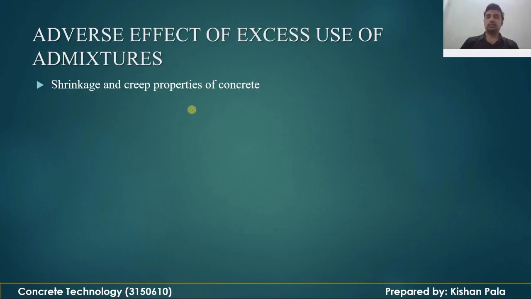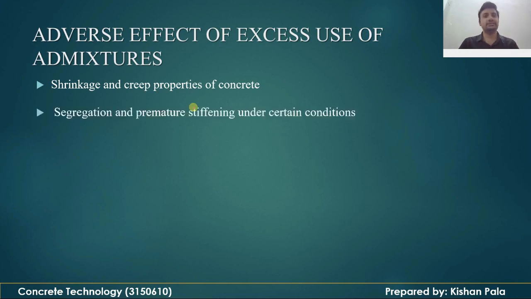For example, if you are adding more doses of the admixture in the concrete mass, there will be an effect on shrinkage and the creep property of the concrete. So this is the adverse effect of excess dosage of the admixtures.